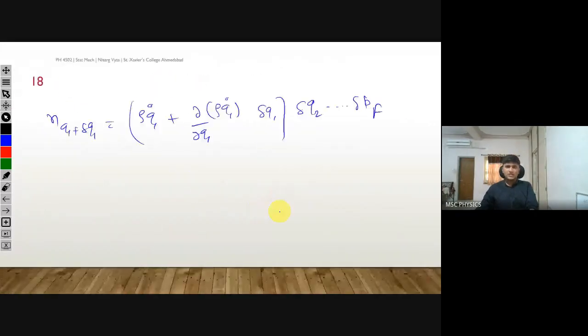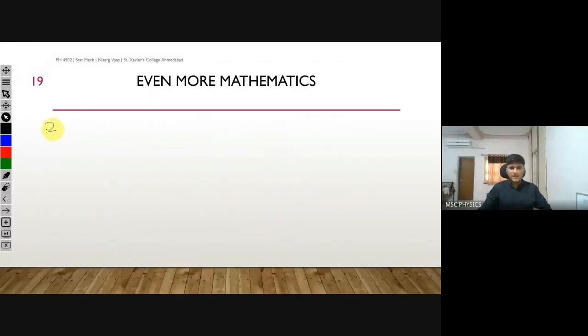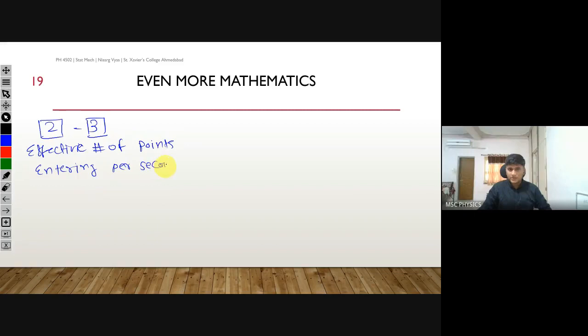So I'll be doing 2 minus 3, which will give me the effective number of points entering per second. All I'm talking about is per second.